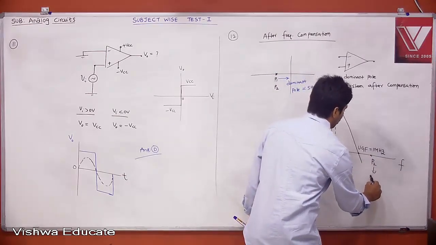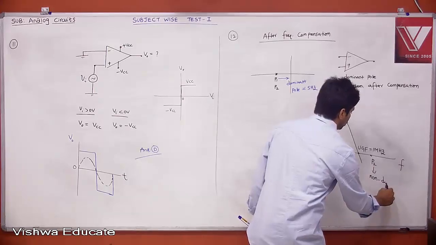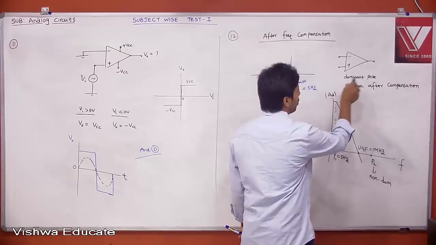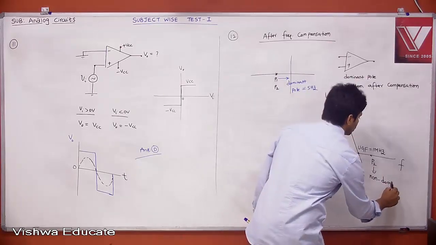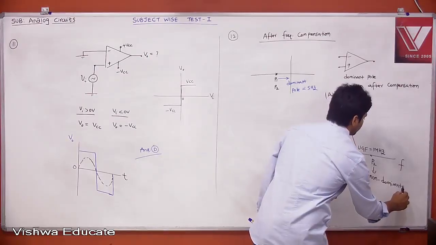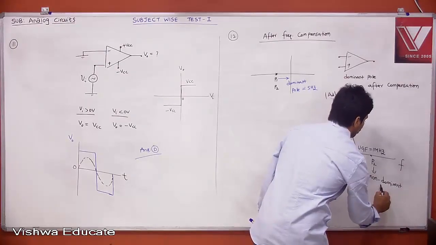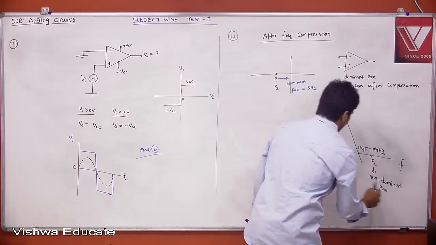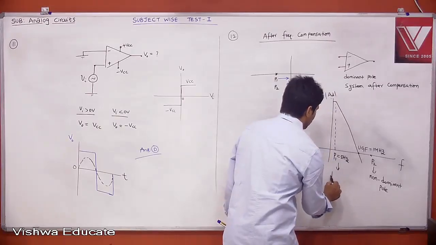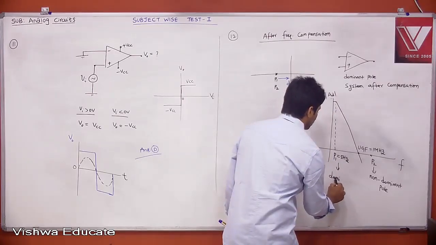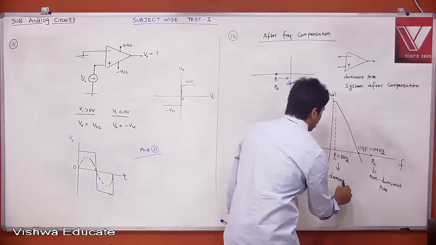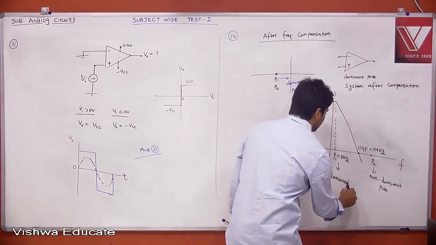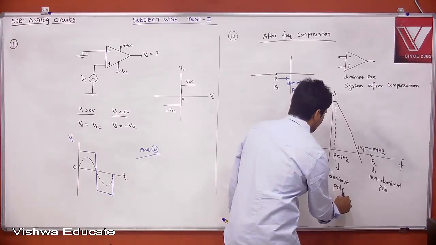That's why this is called a dominant pole system. This is the non-dominant pole, and this is your dominant pole. Your total response is dictated by the dominant pole only. Therefore, what is the answer?